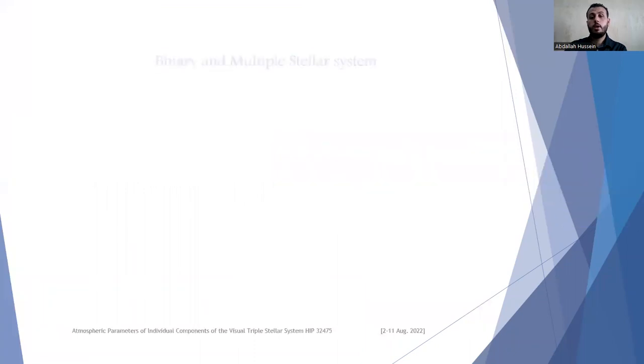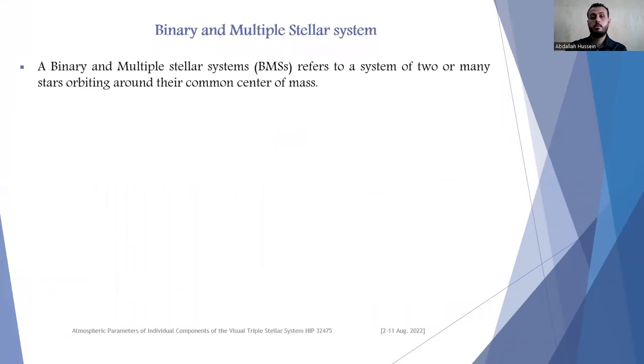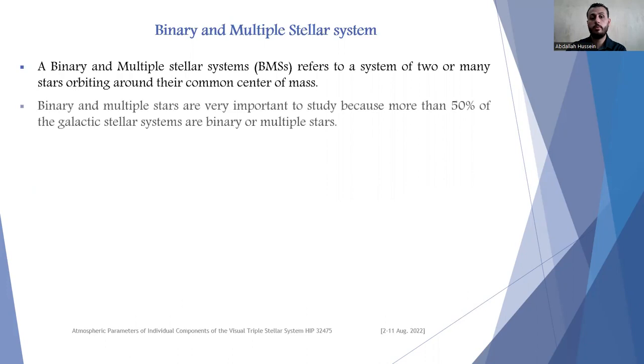First of all, binary and multiple stellar systems refer to systems of two or more stars orbiting around their common center of mass. They are very important to study because more than 50% of galactic stars are binary and multiple stellar systems.